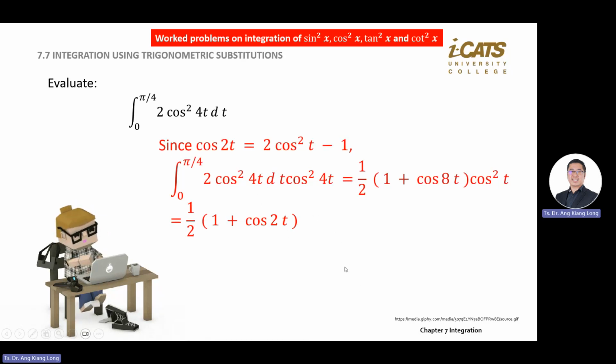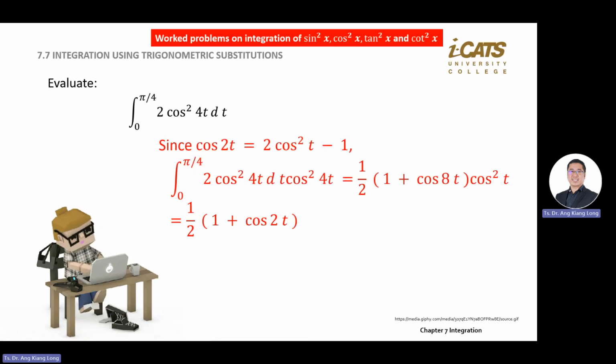Cos square 4t dt. 2 cos square 4t changes to cos 8t, minus 1.